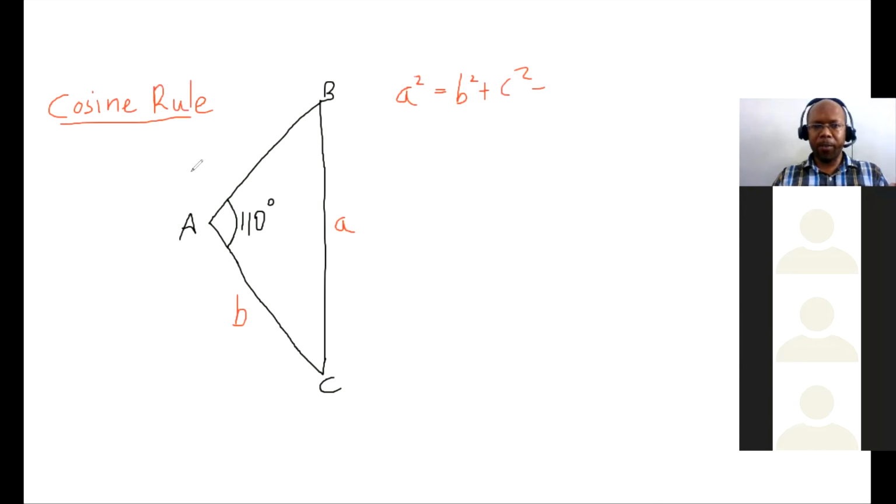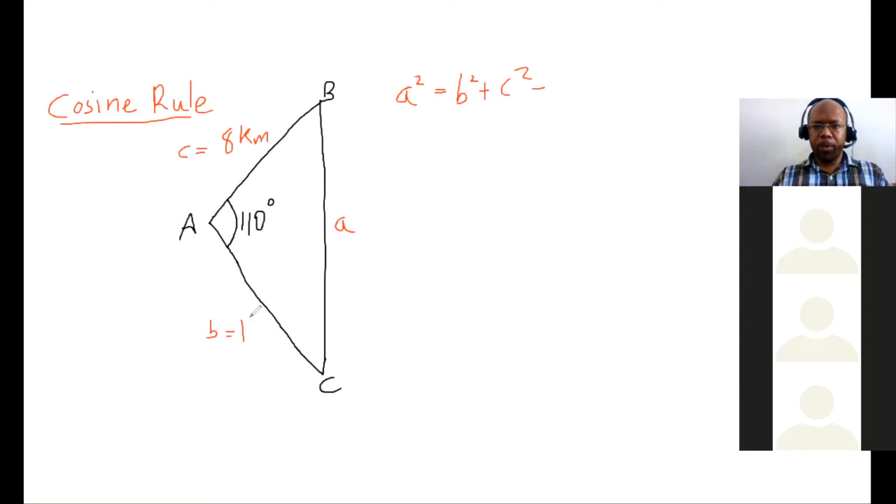So I have an angle between two given sides. Let me show you the values. This is 8 km, and the B is equal to 12 km.